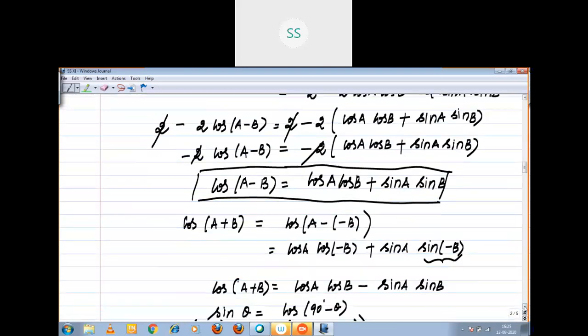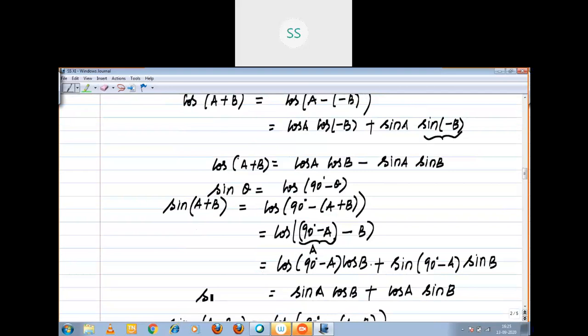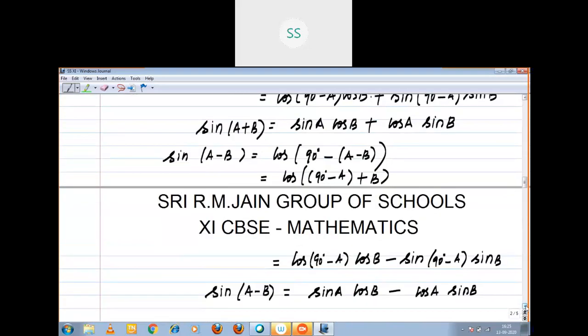Cos(A minus B) equals cos A cos B plus sin A sin B. Cos(A plus B) equals cos A cos B minus sin A sin B. Sin(A plus B) equals sin A cos B plus cos A sin B. Next, sin(A minus B) equals sin A cos B minus cos A sin B.